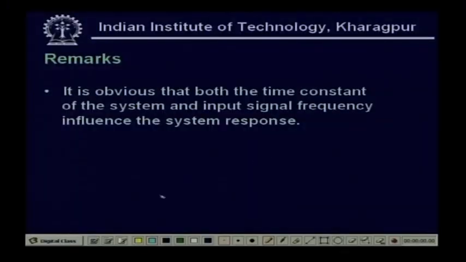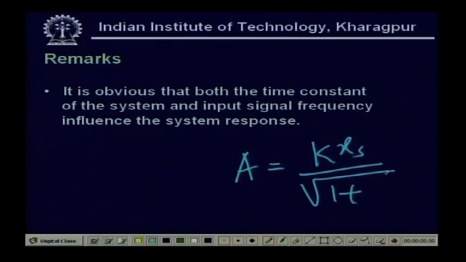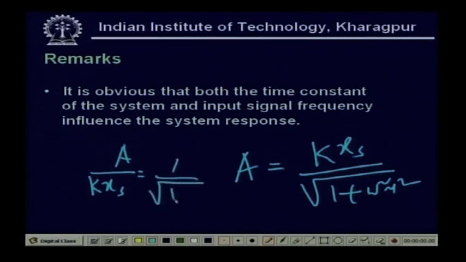We have seen why, because you see the amplitude also. You remember A equal to k x s root over 1 plus omega square tau square, is not it? We have seen. So, this is my response, or if I take a normalized one, it will be A by k x s equal to 1 upon root over 1 plus omega square tau square.